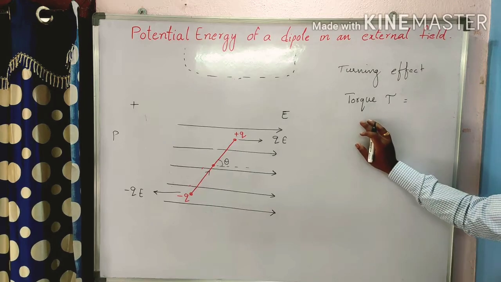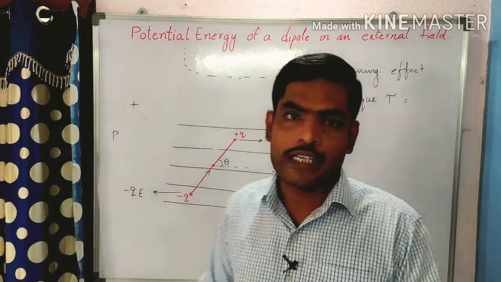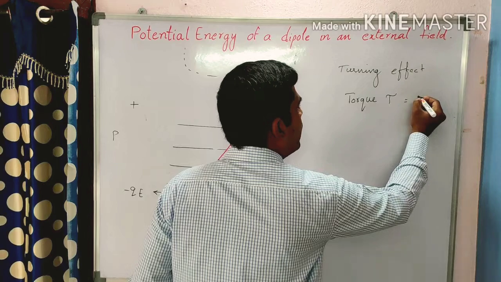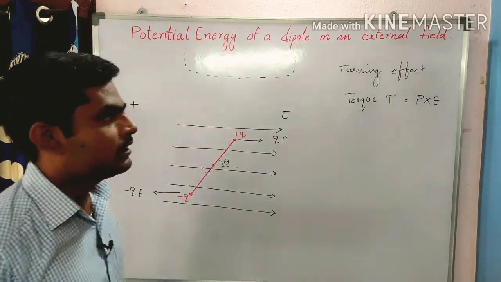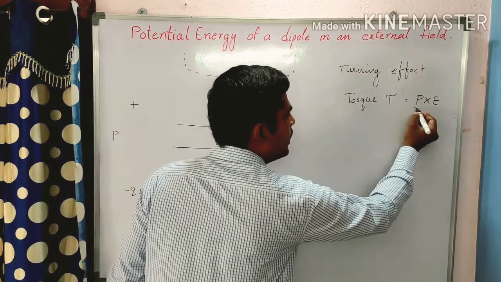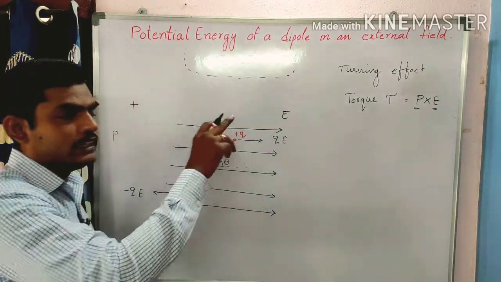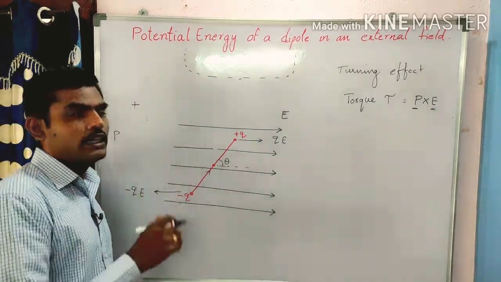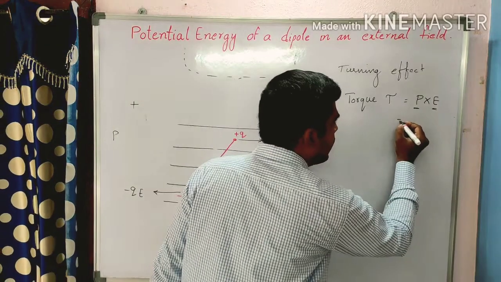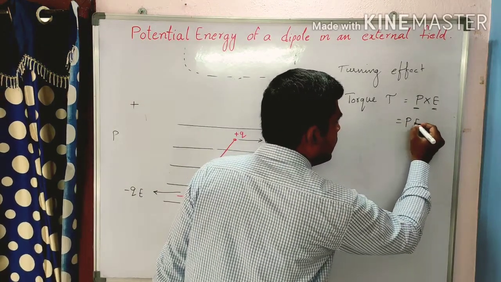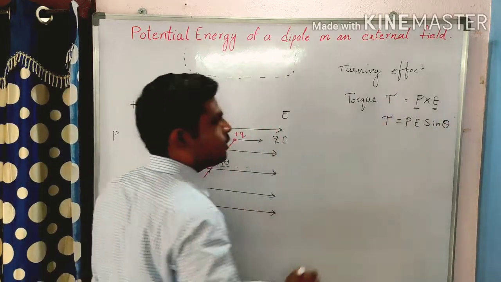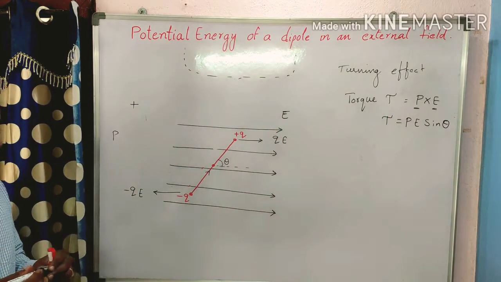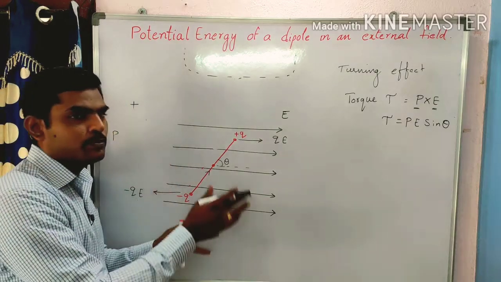Torque is the dipole moment P cross E, a cross product, not a simple product. So we can write P cross E as P E sin theta. Torque is P E sin theta. This is what we discussed previously.